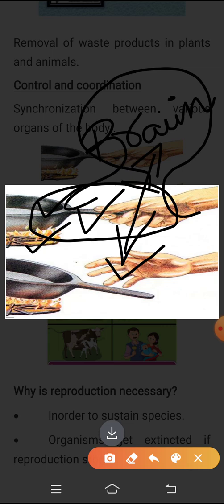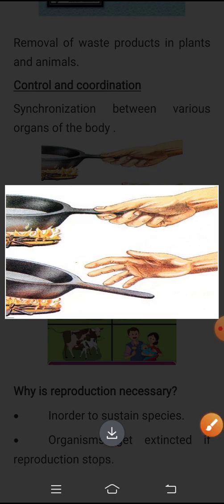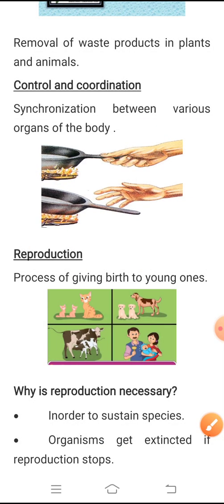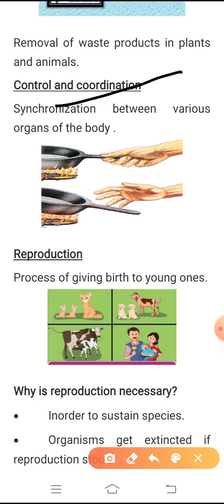So these kinds of actions are performed by the life process called control and coordination. I can say it is that sensitivity regulation which is performed by control and coordination. Hope you understood better about control and coordination.